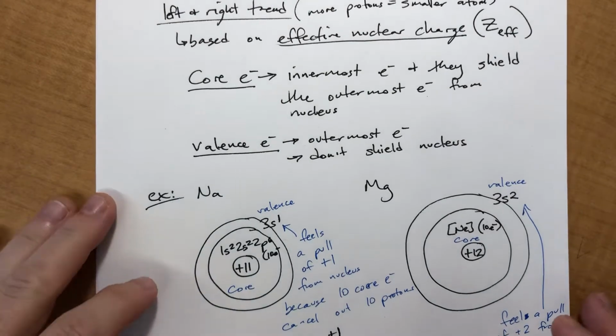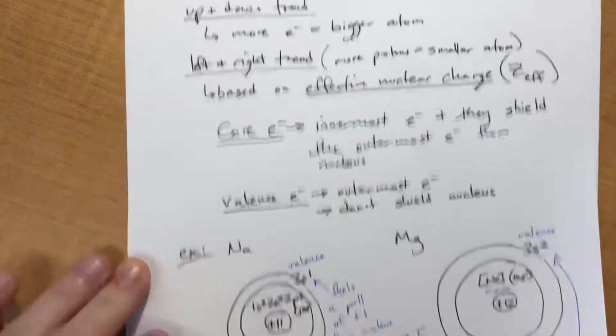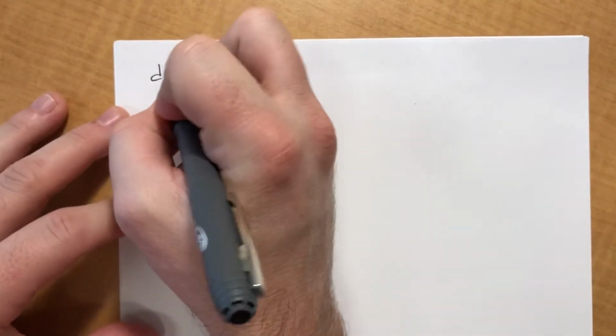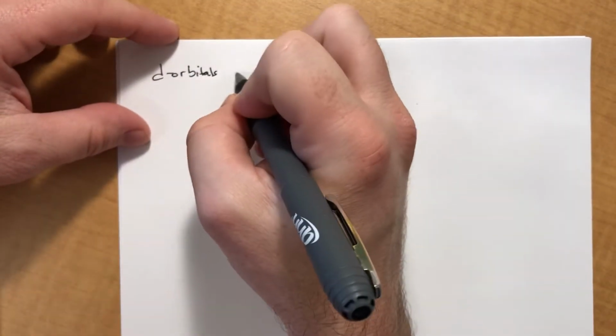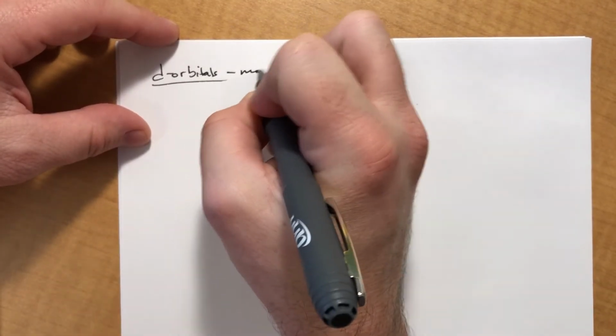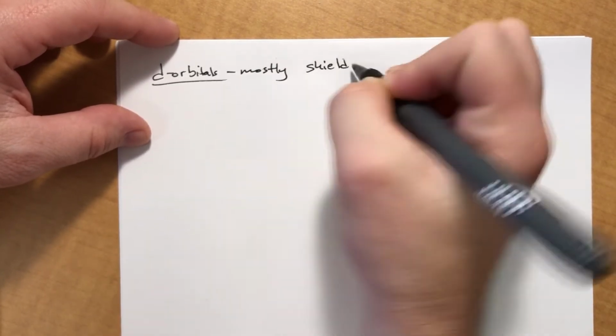All right. It turns out, as you might expect from the last chapter, that anytime we have a rule, the d block messes it up. So that's what's about to happen. It turns out that d orbitals mostly shield the nucleus.